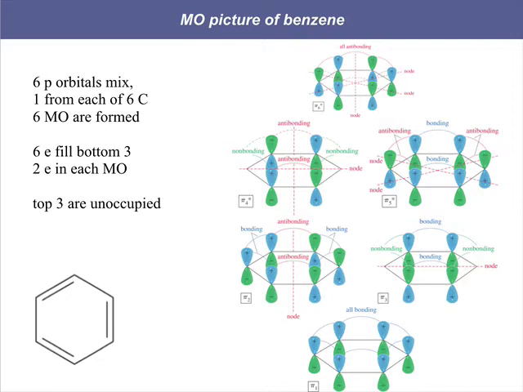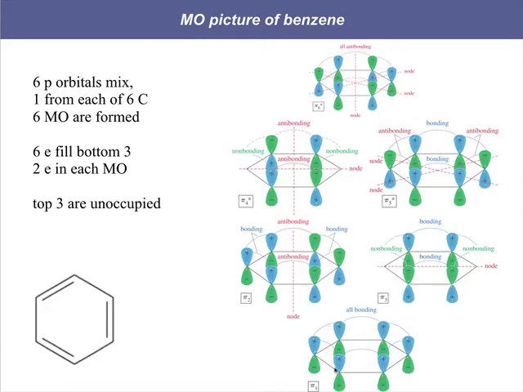It's actually quite a bit different than the molecular orbital picture of 1,3-butadiene and ethylene. One thing that it does have in common is that it has one arrangement of these orbitals where we have all bonding interaction.